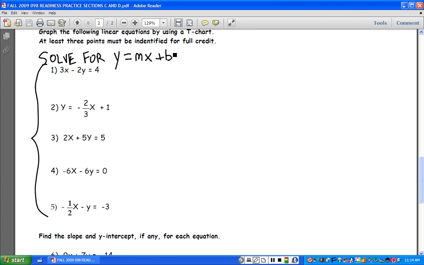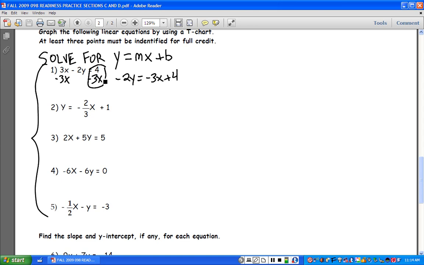Okay, so the first problem, we see that we have 3x minus 2y equals 4. So to get y by itself, we would have to subtract 3x from both sides. That would give me a negative 2y equals, now notice I'm writing a negative 3x before I write the positive 4. You see here on this side I have 4 minus 3x, but these are not like terms, and because they're not like terms I can't combine them, so I have to write them out side by side.